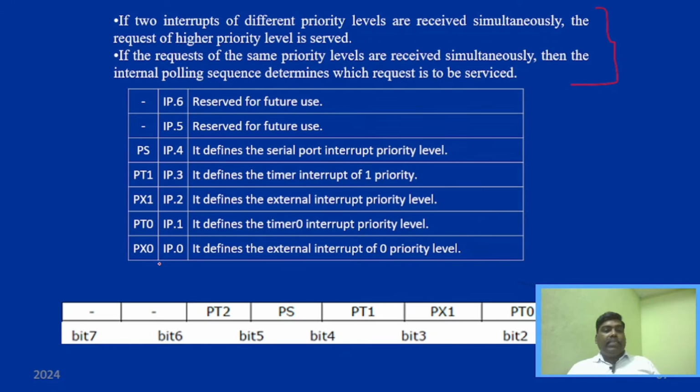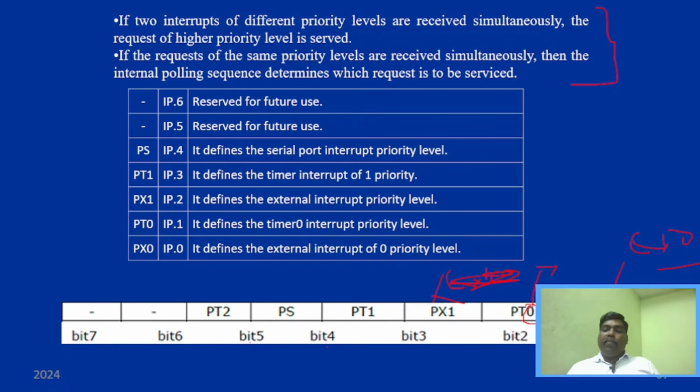Once again, this is the same thing which we saw, the different interrupts and different pins, and you can see the bit values, bit 0, bit 1, bit 2, bit 3, bit 4, bit 5. Say for example, external interrupt 0 and the timer interrupt happen at the same time, and both have 0 priority.